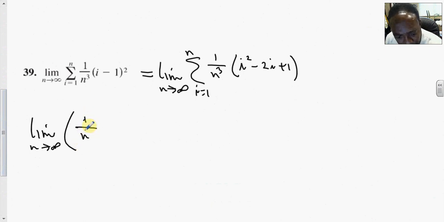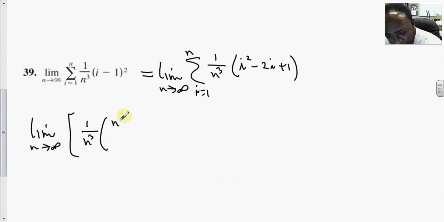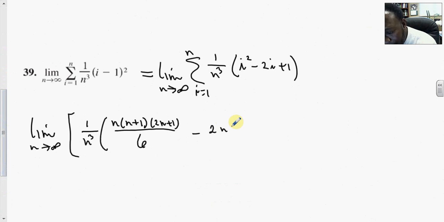This is 1 over n cubed, in brackets, and in parentheses, the summation of i squared is n times n plus 1 times 2n plus 1, over 6, by the formulas up above, minus 2 times the summation of i, which is n times n plus 1 divided by 2, plus the summation of 1.